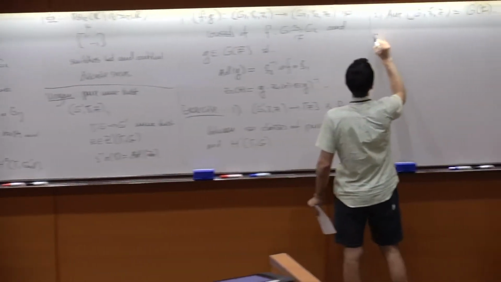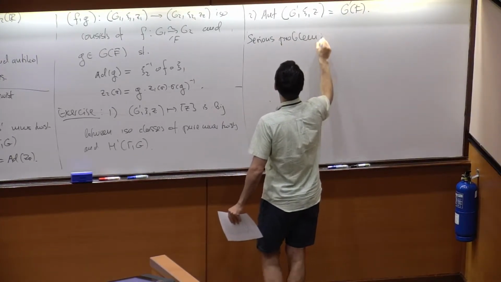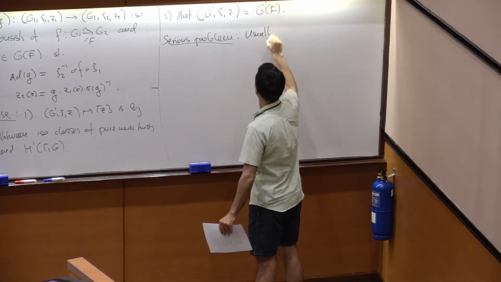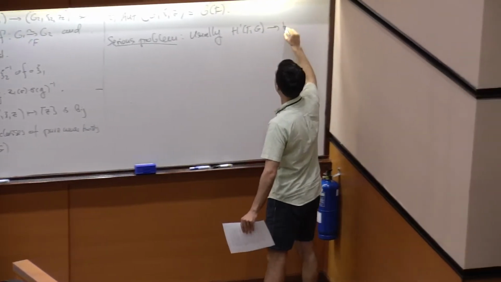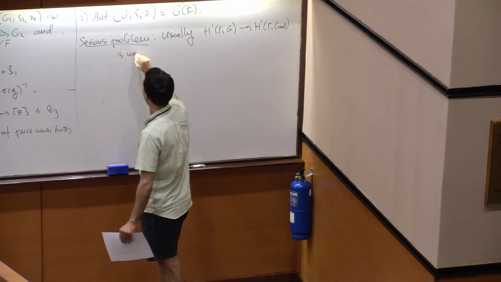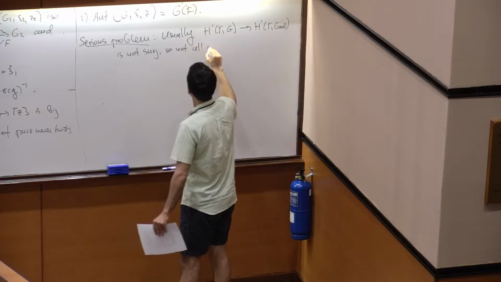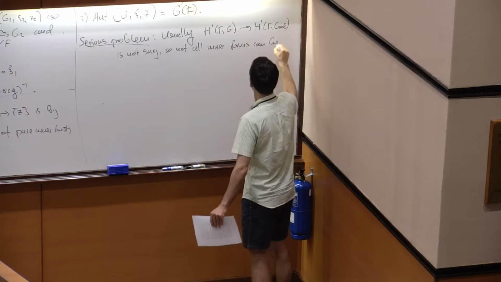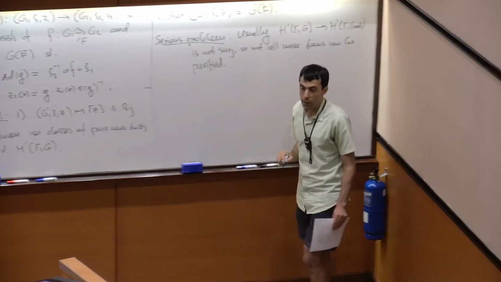Okay, so there is a serious problem here, which is that usually the map from the Galois cohomology of G to the Galois cohomology of the adjoint group is not surjective. So not all inner forms can be purified. Okay.